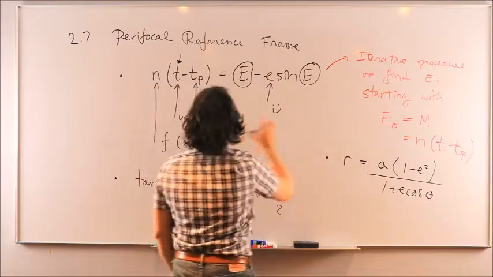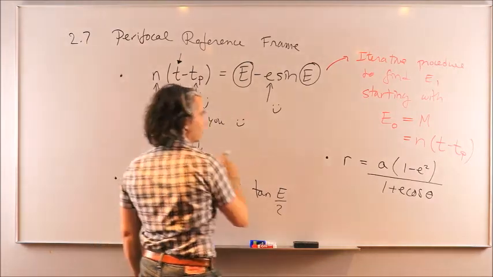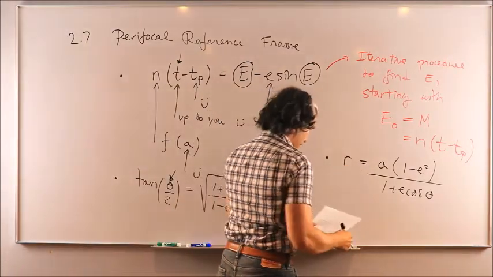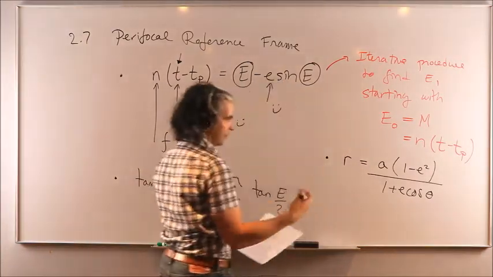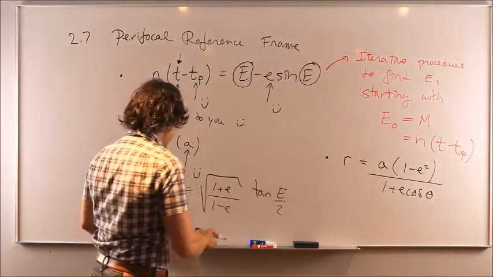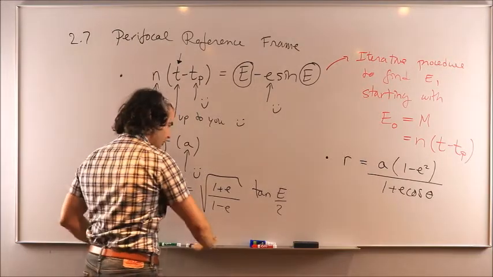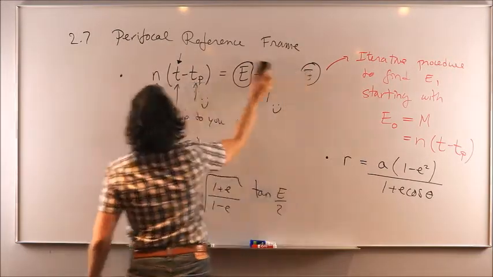All this to say that set the time, get the associated true anomaly, from which you get the associated orbital distance, or the distance between M1 and M2. And then this is where you need to use the perifocal reference frame to keep going with the procedure.